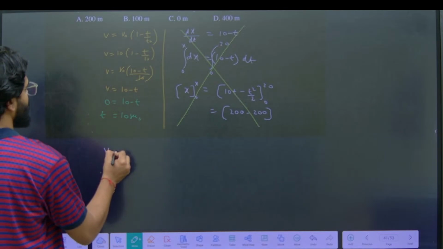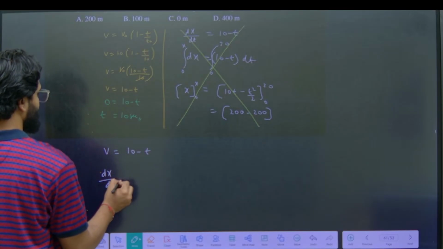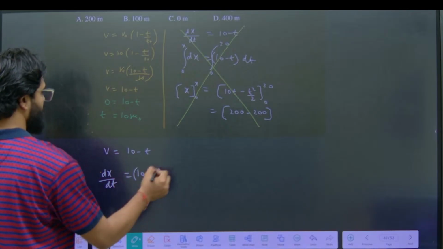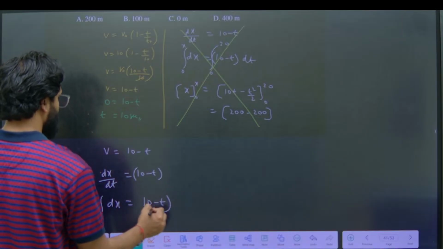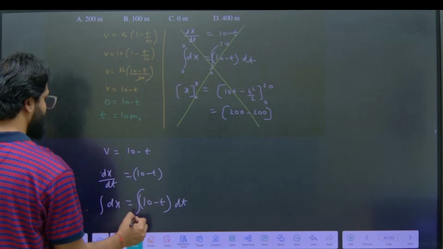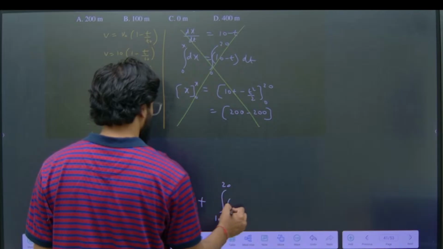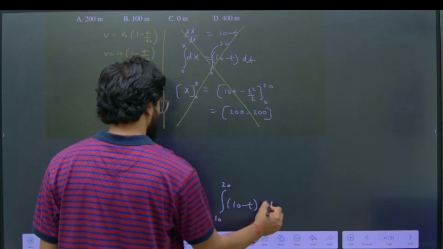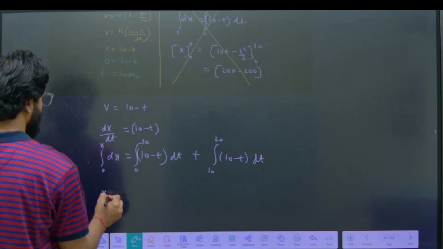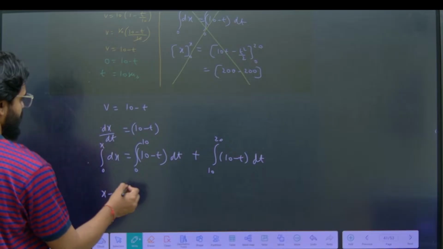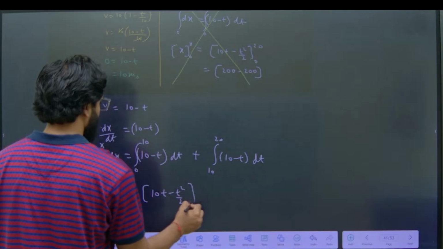Okay, so v is coming out as 10 minus t, so dx by dt equals 10 minus t. The integration of dx will be 10 minus t. We have to do it in two parts, 0 to 10 plus 10 to 20. So x minus 0, this integration from 0 to 10 is 10t minus t square by 2, but the limits are different.